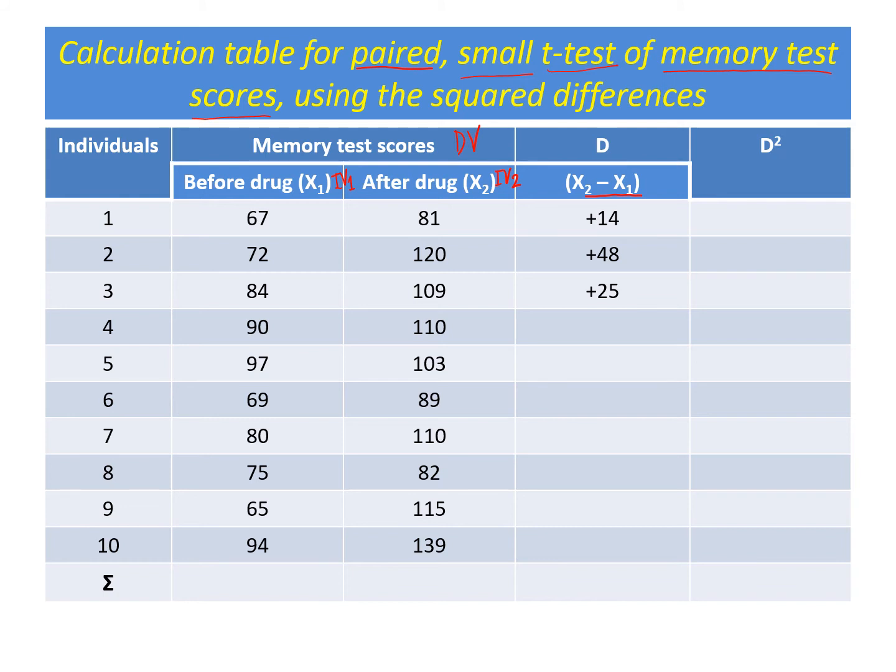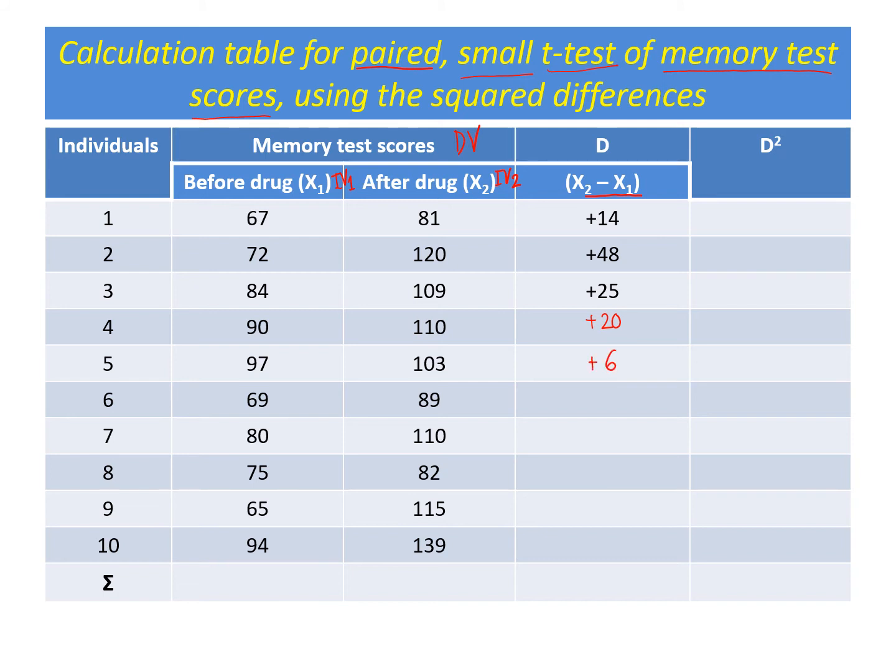So we have to compute 110 minus 90. What will it be? It will be plus 20. Then 103 minus 97 will be plus 6.